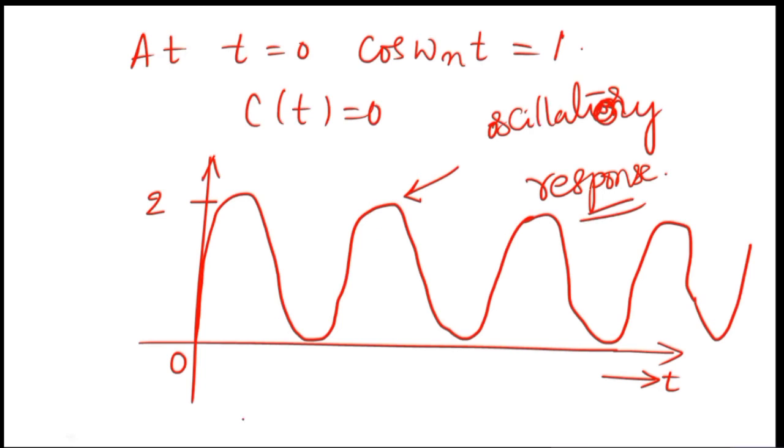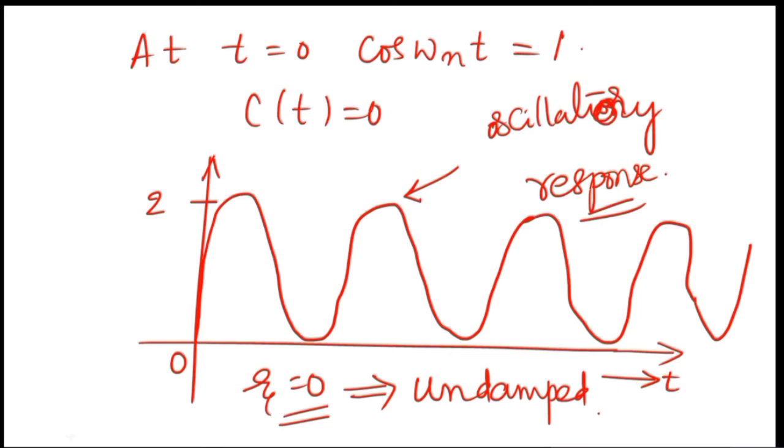Means if zeta is equal to 0, we can say that there is no damping. So this response is called undamped oscillation or undamped response. And the frequency of oscillations is equal to omega n.